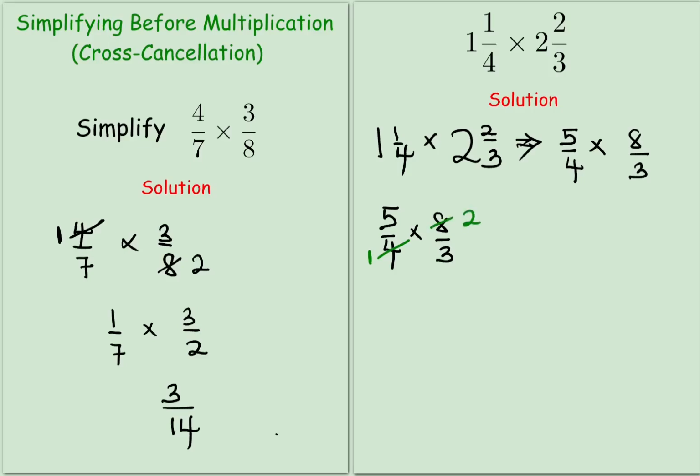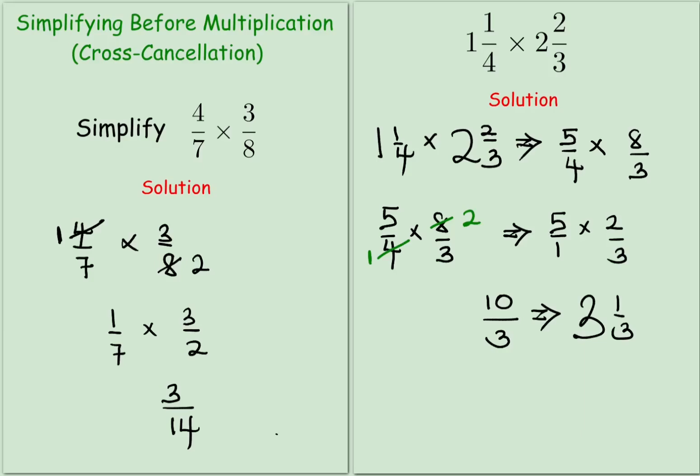So at the end of the day, what you actually have to work on is 5 over 1 times 2 over 3. So 5 times 2 gives us what? A 10. Then 1 times 3 gives us a 3. This is an improper fraction, so writing it in the mixed form, we have 3 and 1 over 3. As simple as you see.